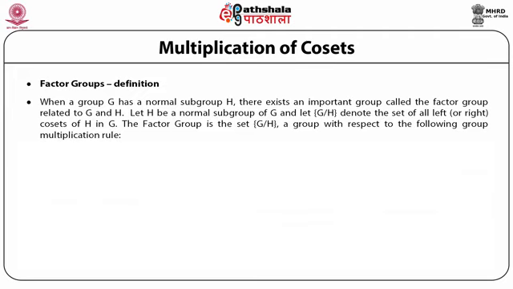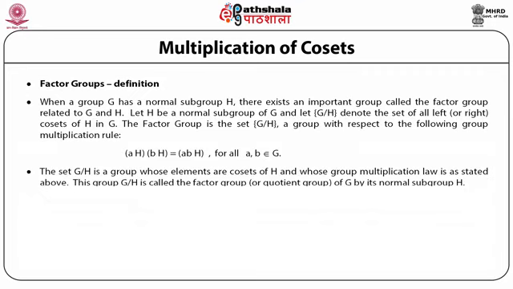Remember that the set denoted by G/H has elements which are now cosets. The following multiplication rule holds: aH multiplied by bH is equal to abH for all elements a and b belonging to the group G. We have already proven that if a' is equal to ah for some element h belonging to the subgroup H, then the coset a'H is equal to aH.